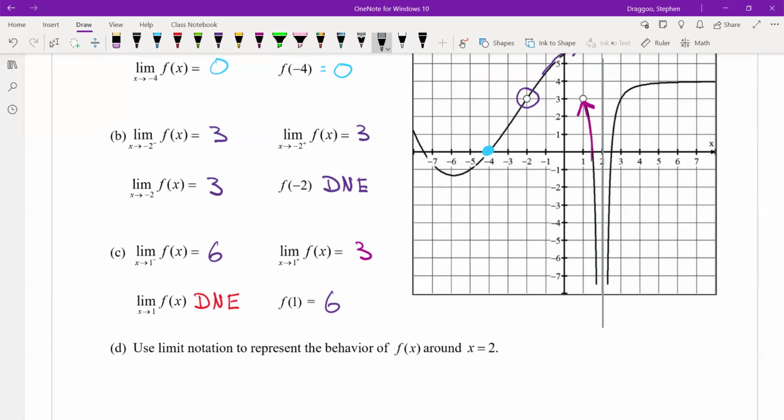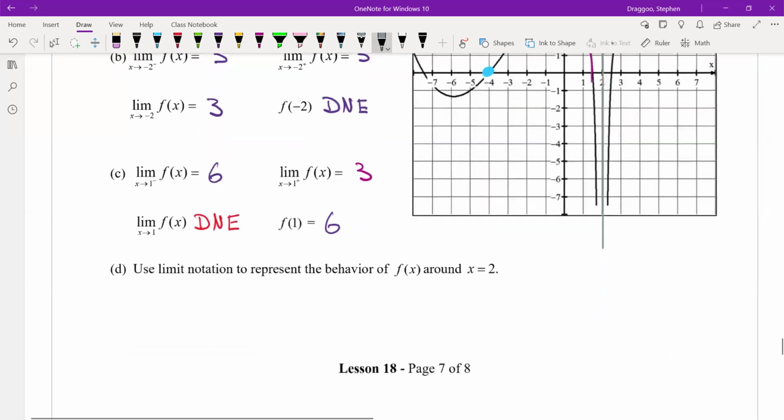So I'm not allowed to plug in 2 for x, but I can take a limit as x goes to 2. And that limit would be -infinity because we're going down. Because the two sides agree with each other, I don't need to split it up into its two parts, although I could look at approaching from the left and from the right. But they're headed to the same place, so I get to talk about the full two-sided limit here. That two-sided limit is -infinity.